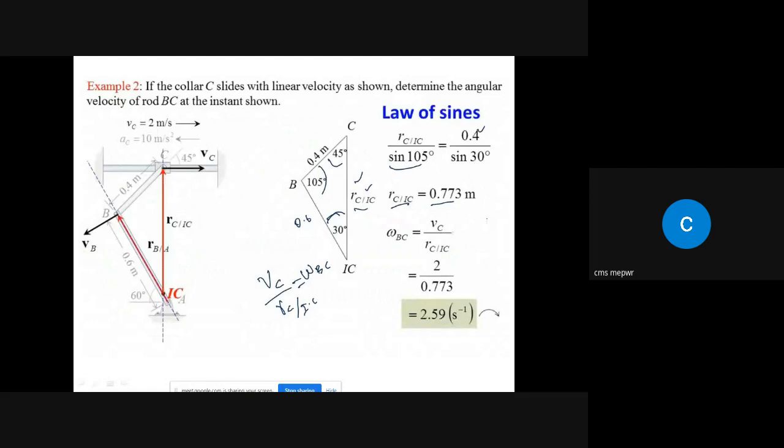By putting in the value of VC, which is given over here, and also RC by IC, which we identified, we can find the angular velocity. So the angular velocity of rod BC has been identified.